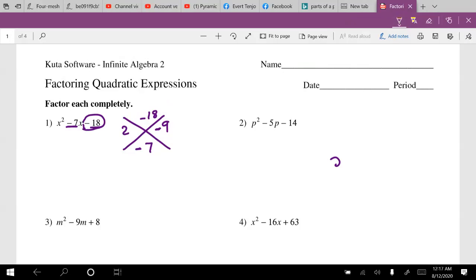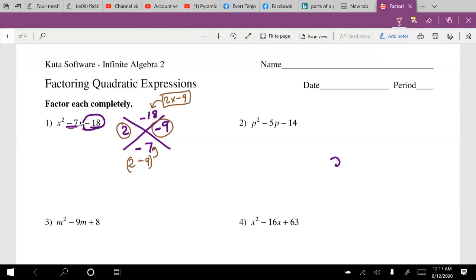So if we have 2, so 2 times negative 9 will give us negative 18. And 2 minus 9 will give us negative 7.